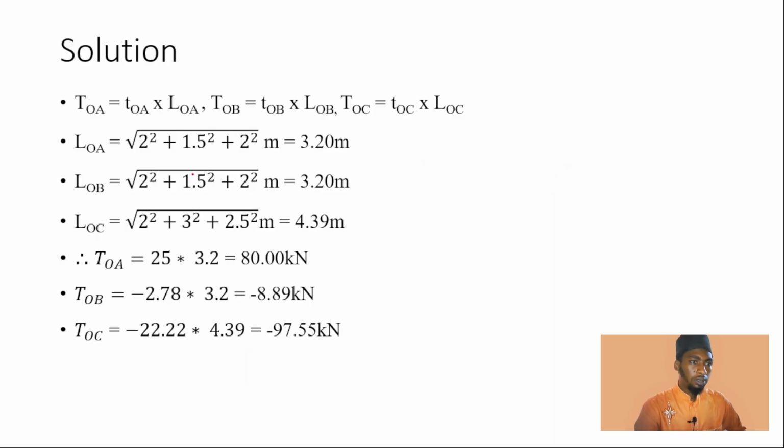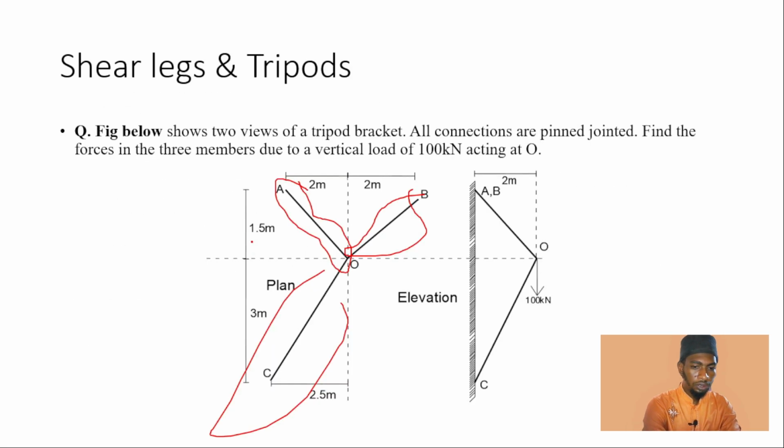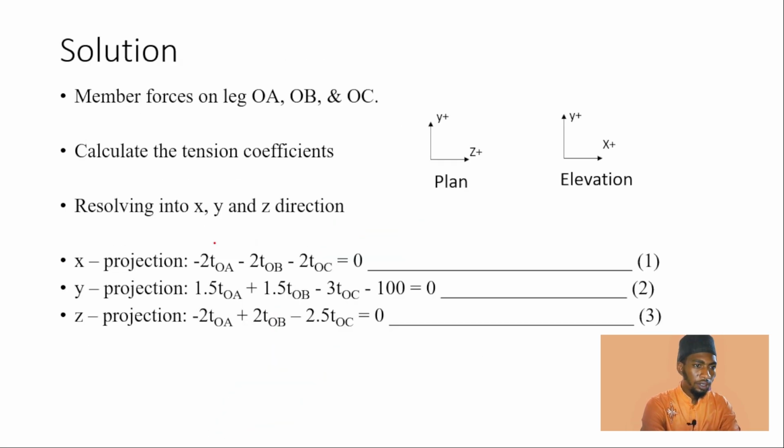The simplest technique I can give you, instead of trying to recall how to determine the resultant of the length, is to just show you how to do this. Come here in your X and Y projection, wherever you have TOA.